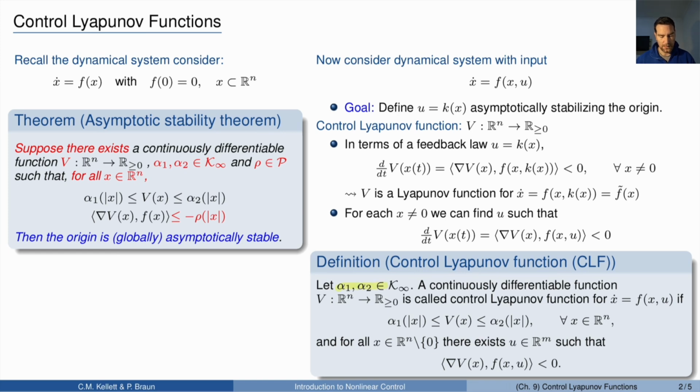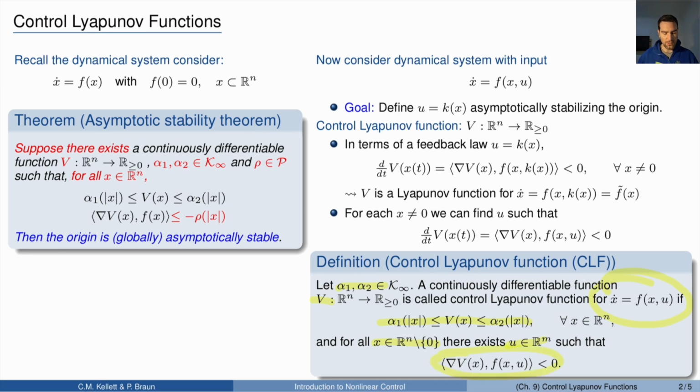We still need K-infinity functions, we still need our continuously differentiable function V, but now we focus on the system with input. We have our radial unboundedness condition, and we still want the decrease condition to be satisfied, and we can state it in the way that for all x unequal to 0, there needs to exist an input u such that the decrease condition is satisfied.